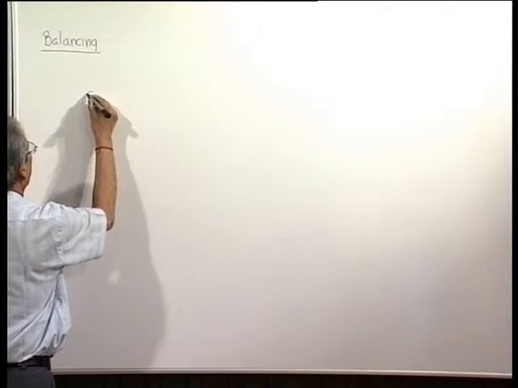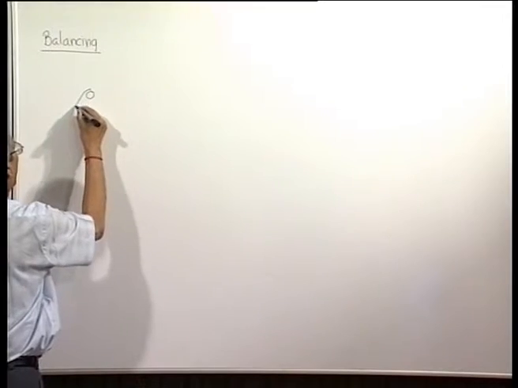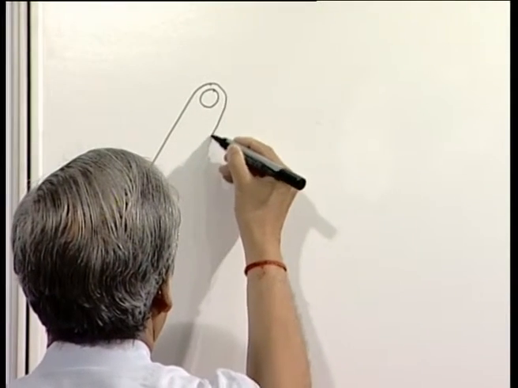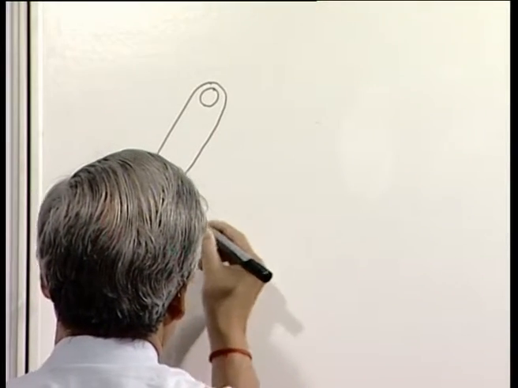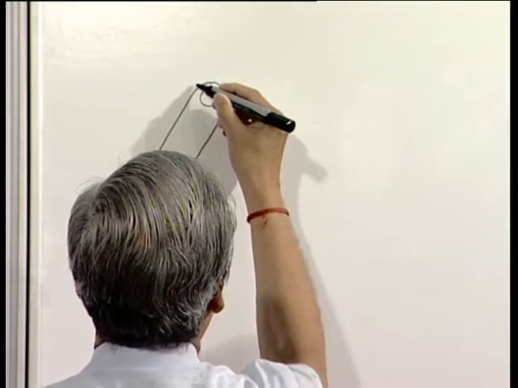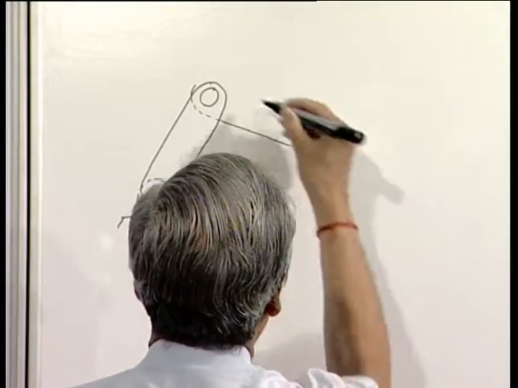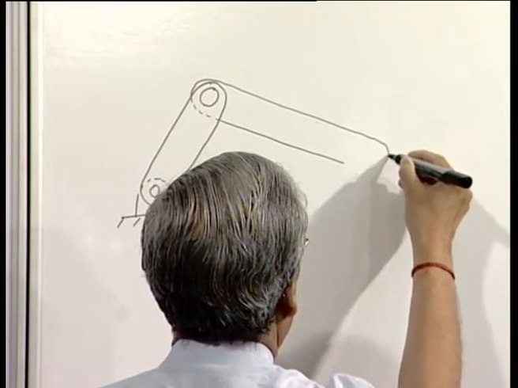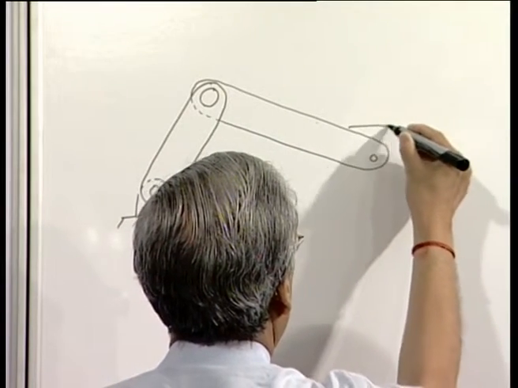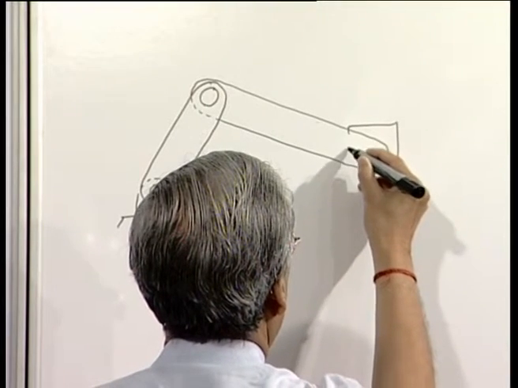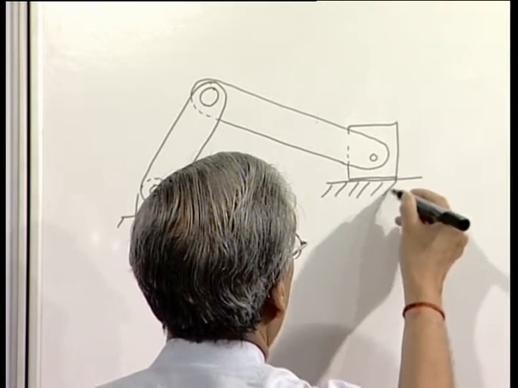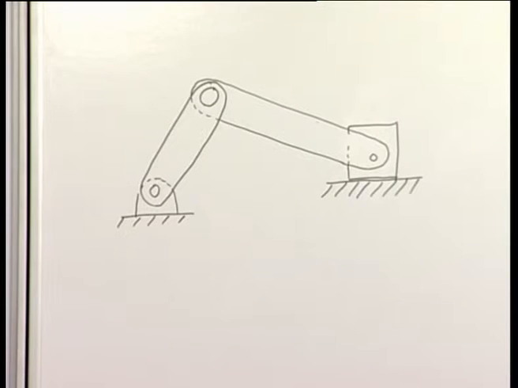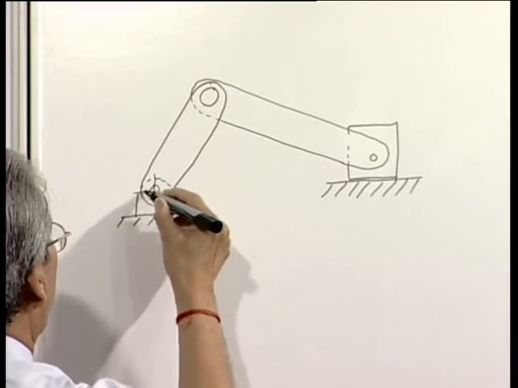Say if we take this one, a large number of machines you will find, just as an example, consist of a mechanism which we call the slider crank mechanism.